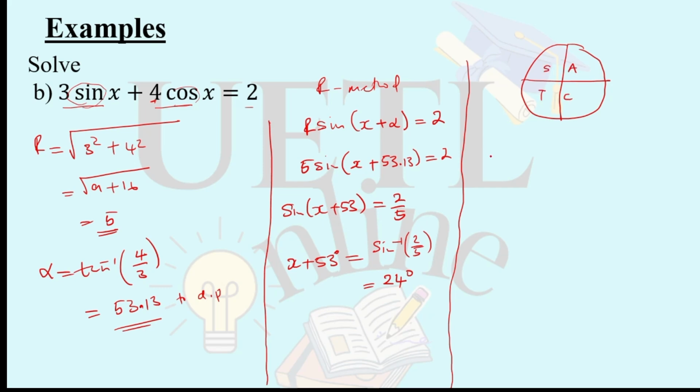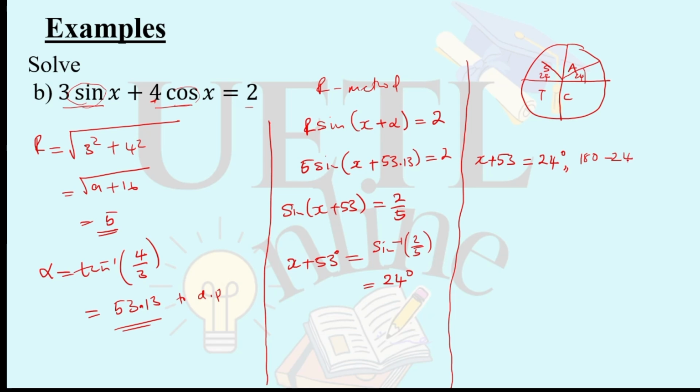Then here we're going to draw 24 degrees. Here is 24. Then here the sign is positive, so we get another 24. So x plus 53 is equal to, first, 24, then the second one is 180 minus 24 degrees.